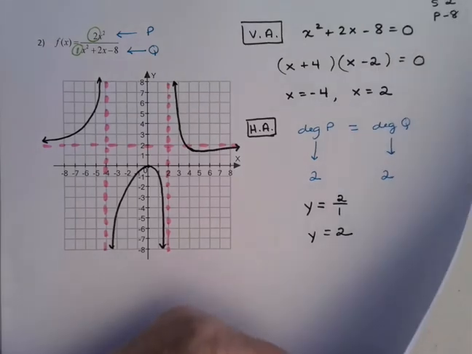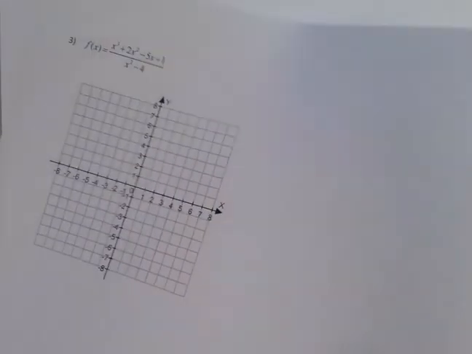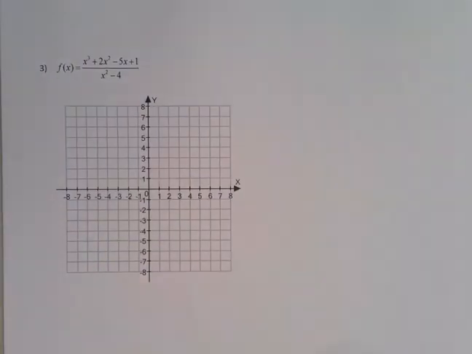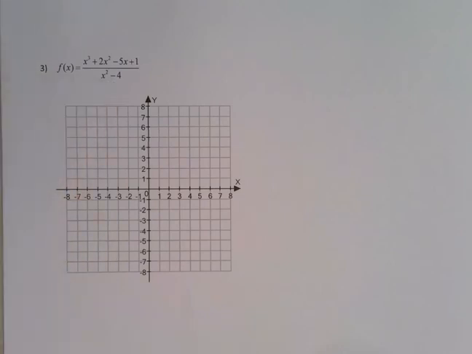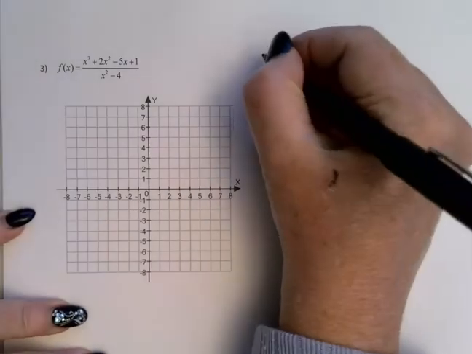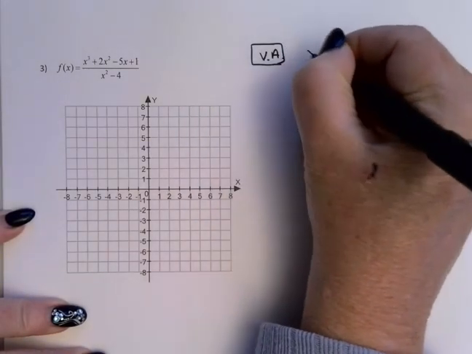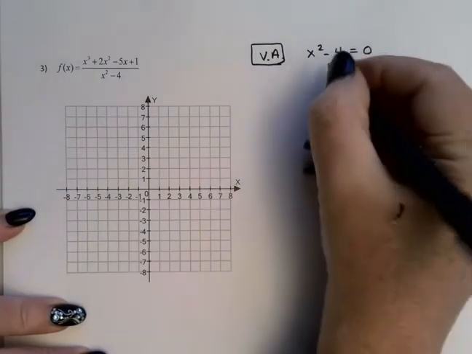All right, I have one more. Here's our last function that we're going to try to graph. And always it's where my denominator is 0 that I'll get my vertical asymptotes. So x squared minus 4 equals 0 will give me vertical asymptotes.